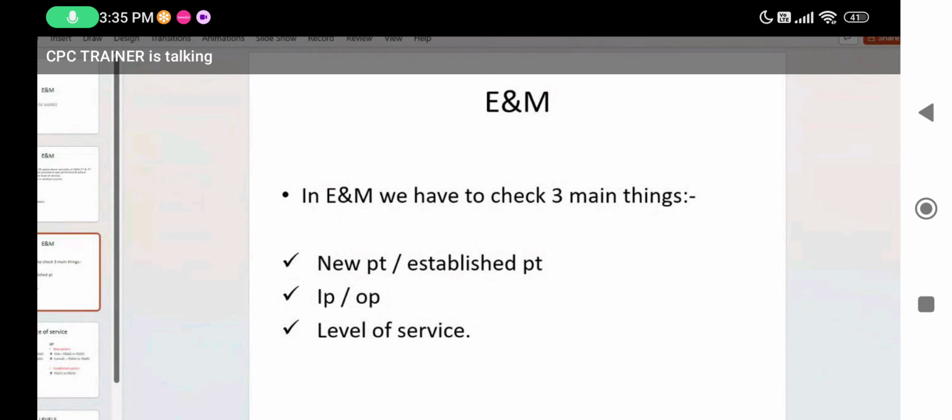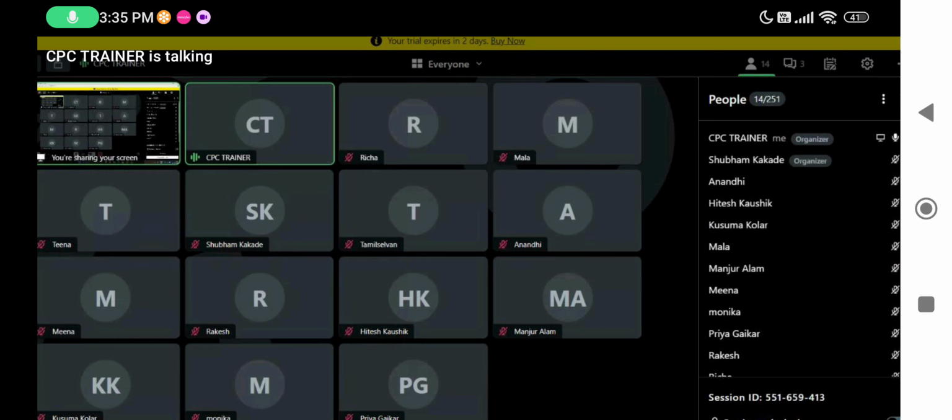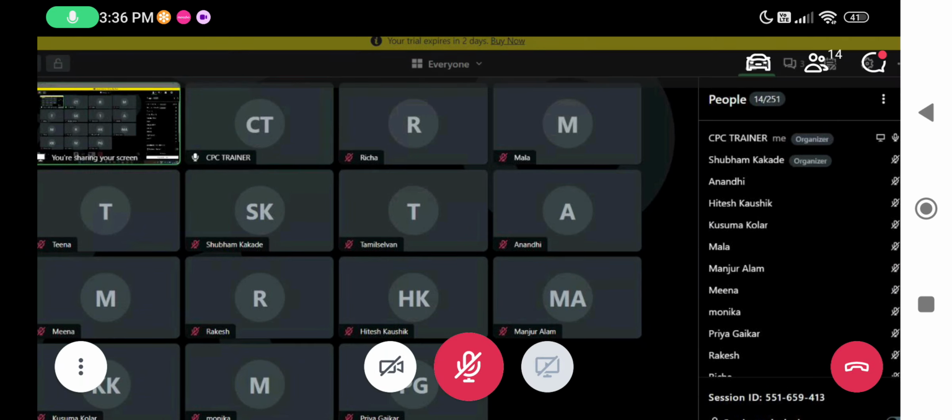Guys, can anyone tell me what is a new patient and what is an established patient? When the patient comes for the first time for a visit to the hospital for services, that is new. Established means the patient is coming for a follow up visit.